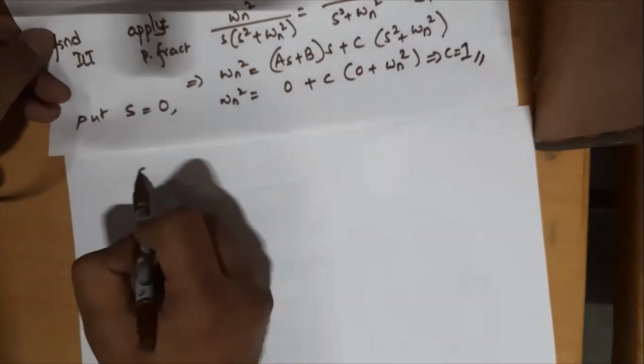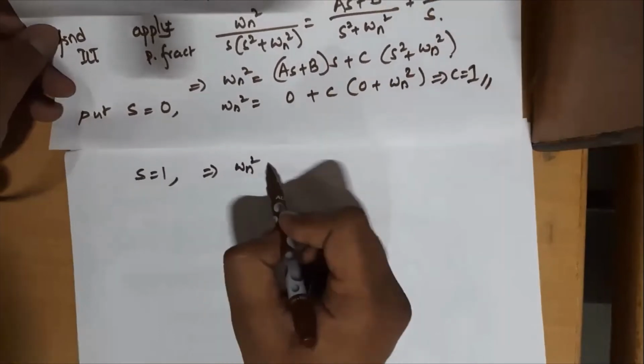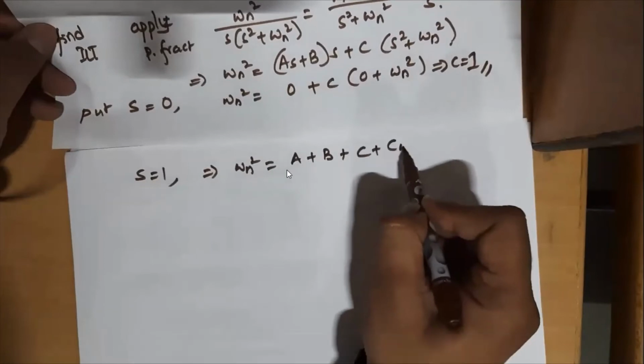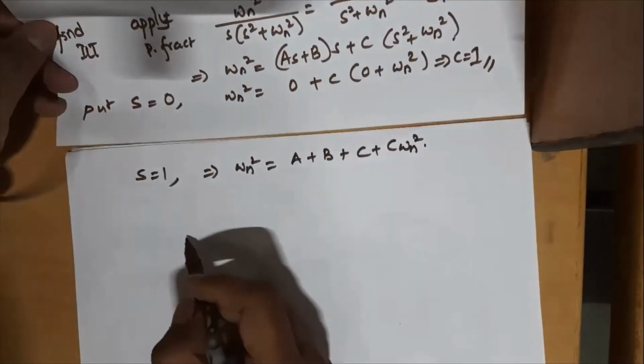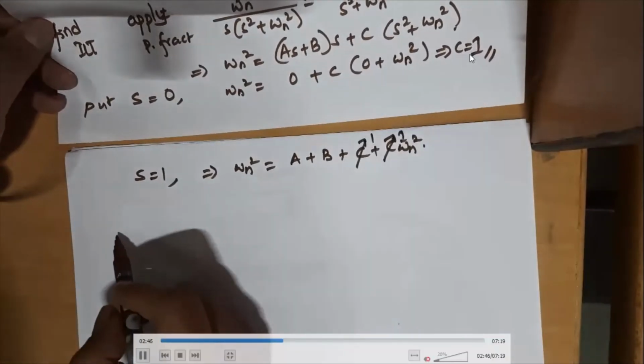Let us find a and b. For that, I will substitute s equal to 1 in this equation. I will get omega n square equal to a plus b plus c omega n square, and the value of c is already known. It is unity.